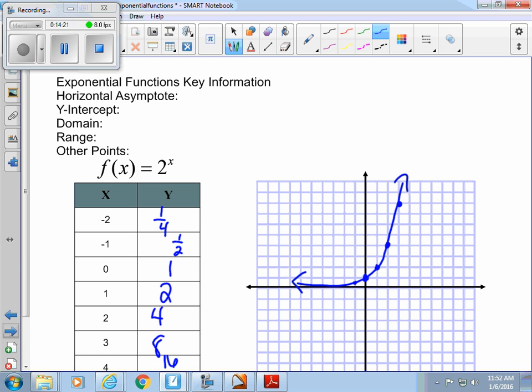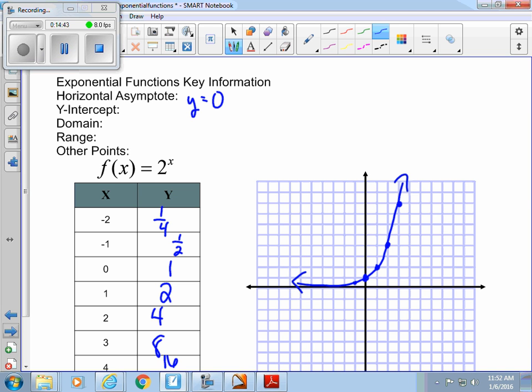Which creates, graphically, a horizontal asymptote. The horizontal asymptote is a horizontal line that the graph approaches as x gets really big or really small. So the horizontal asymptote on a non-shifted exponential function is y equals 0. If I shift up and down, that moves the asymptote up or down.